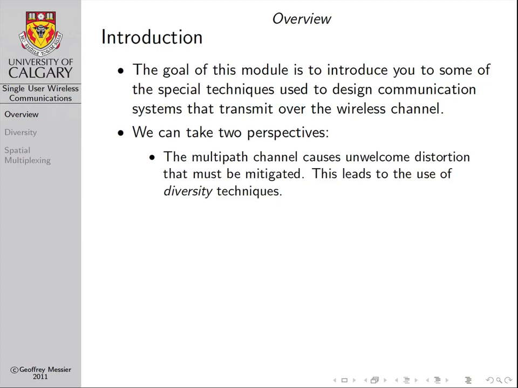So we have seen in the module on the wireless channel that the multipath channel causes unwelcome distortion that must be mitigated or taken care of somehow. And the idea that we need to take care of or minimize the distortion of the wireless channel leads us to the use of something called diversity techniques.